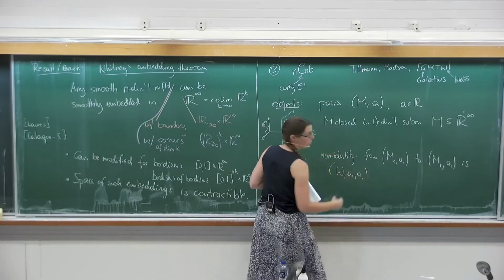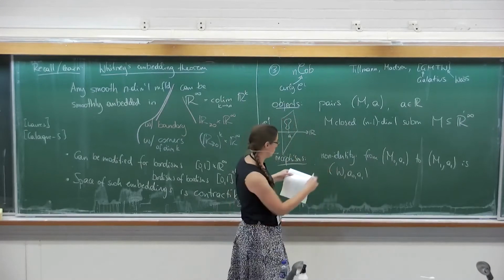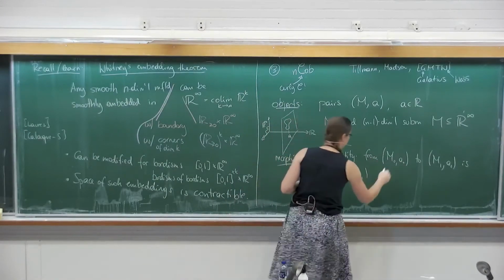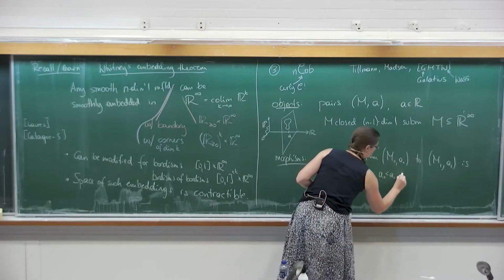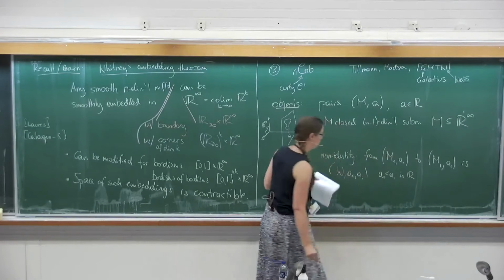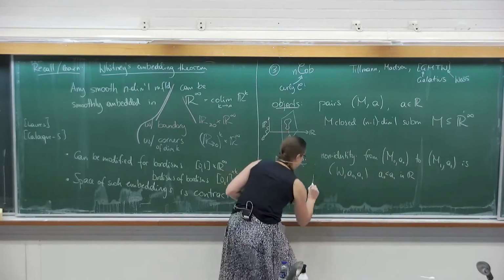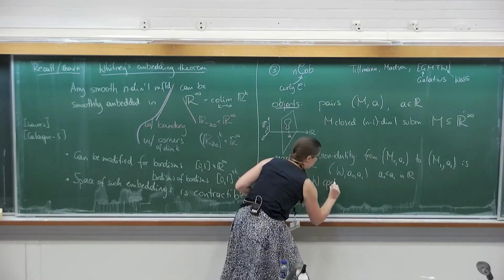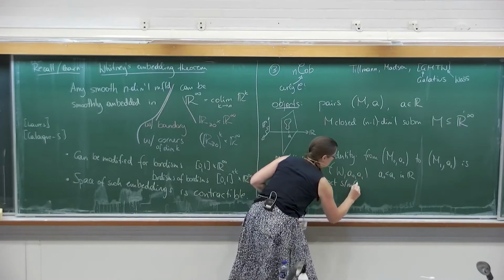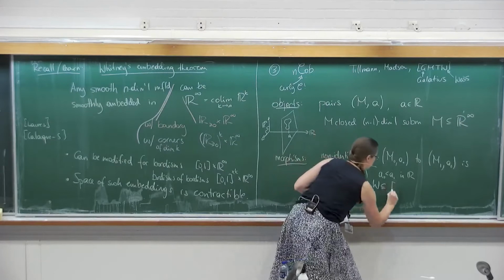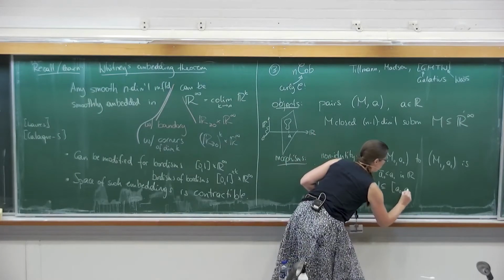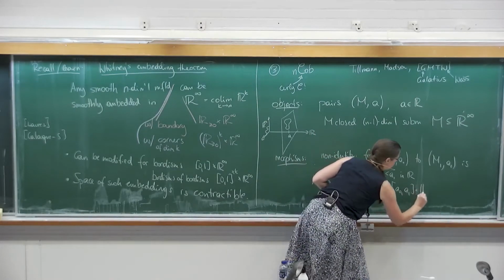Those are the a0 and a1, and now a0 should be less than a1 in R. And W is a compact submanifold in (a0, a1) cross R^∞.